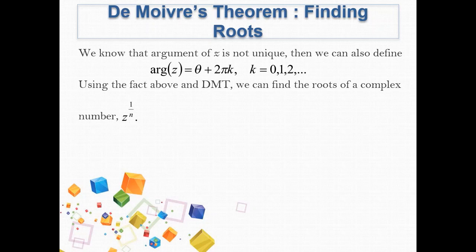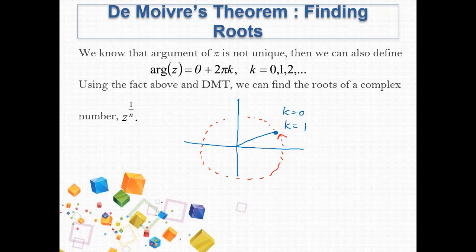So let's see if this is your Argand diagram, and this is your z. If your k is equal to 0, it means your z is just static here. But when your k is equal to 1, that means z has made one full rotation back to its original position.